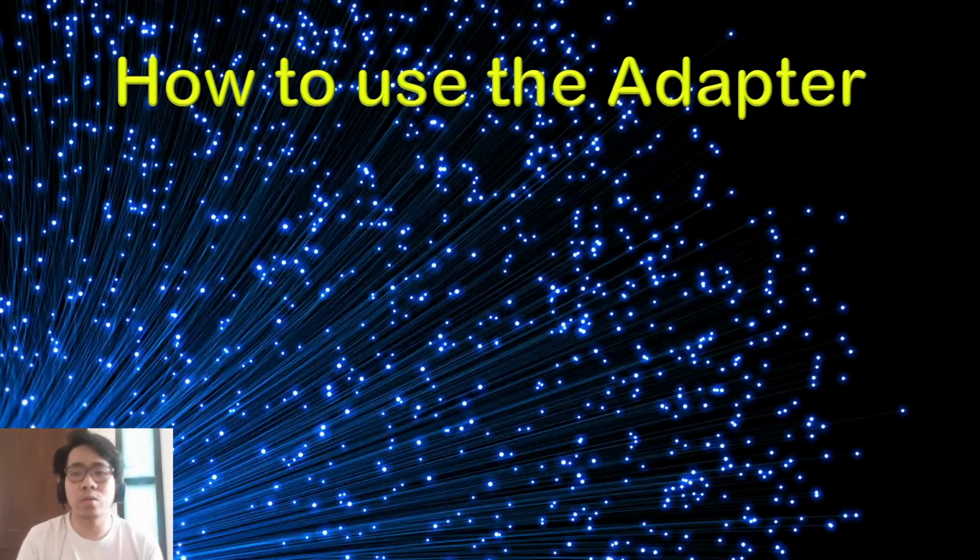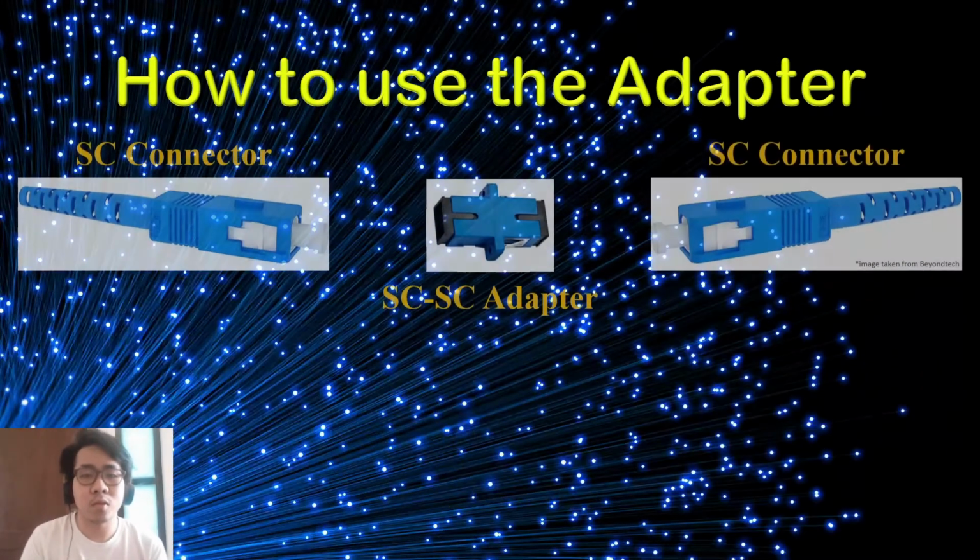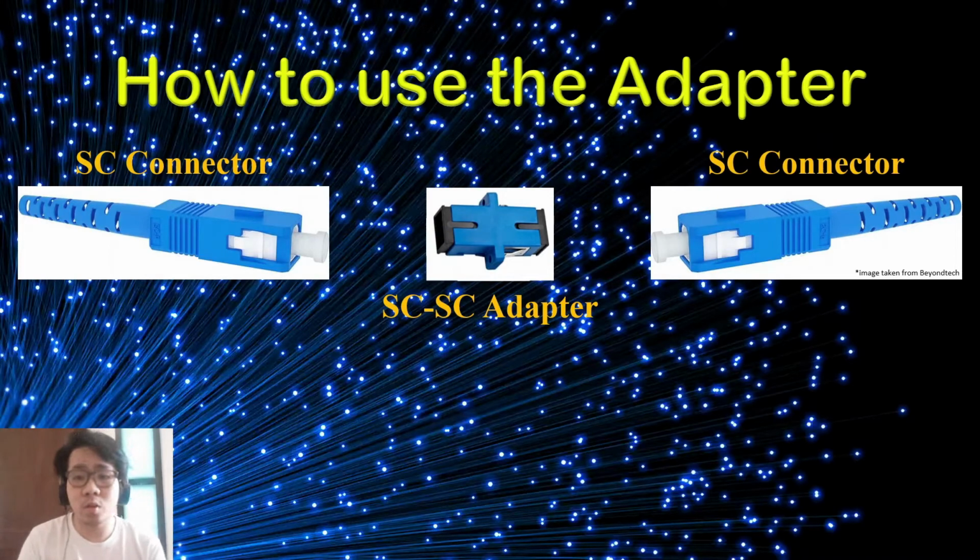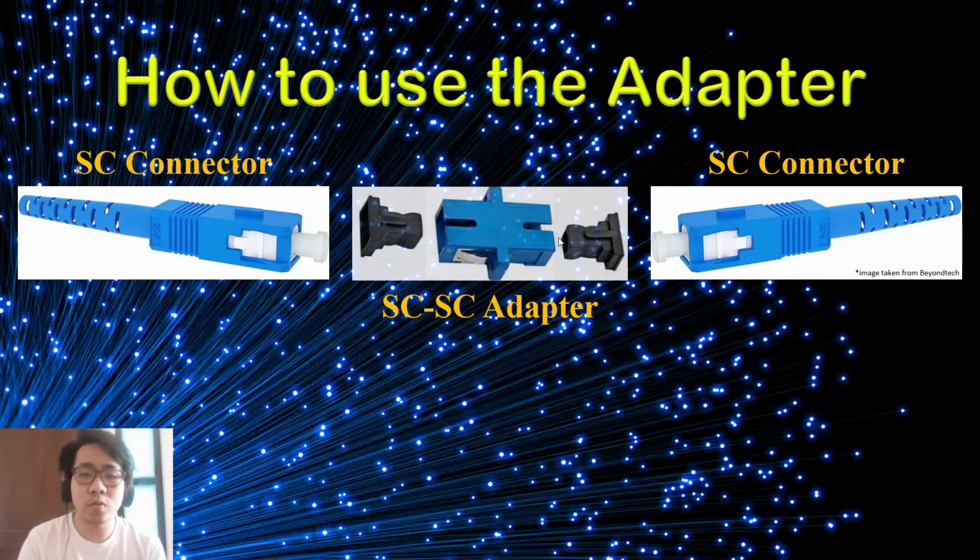How do we use the adapter? We have two connectors. For example, we have the SC connector and the SC to SC adapter. As you can see here, we have a black covering. First, we will remove that black covering.